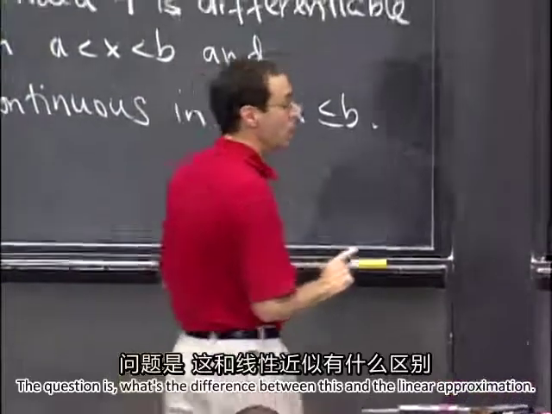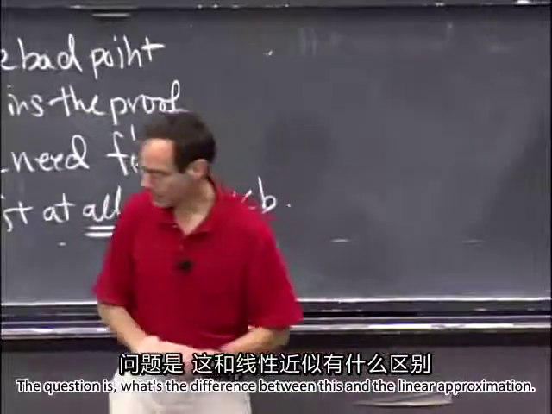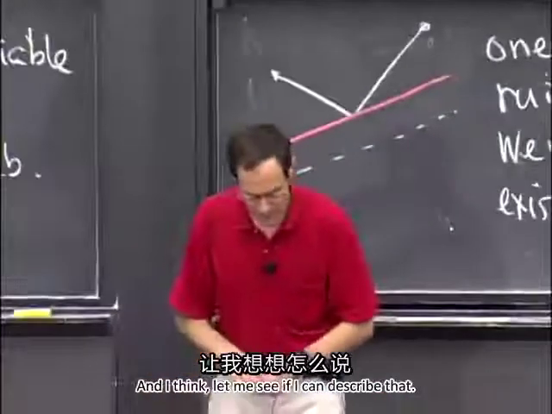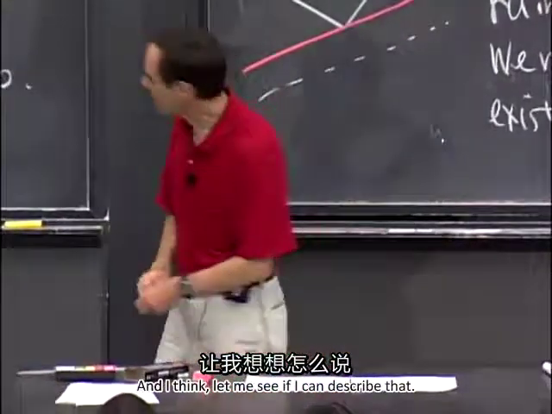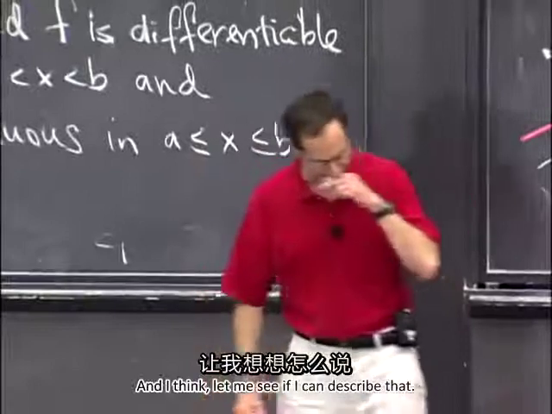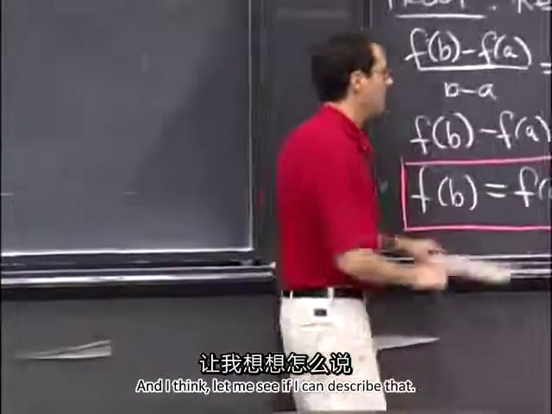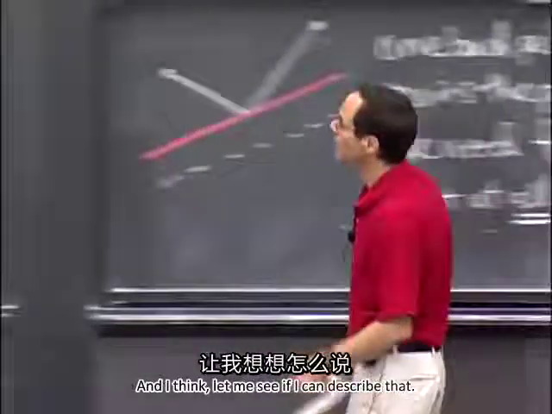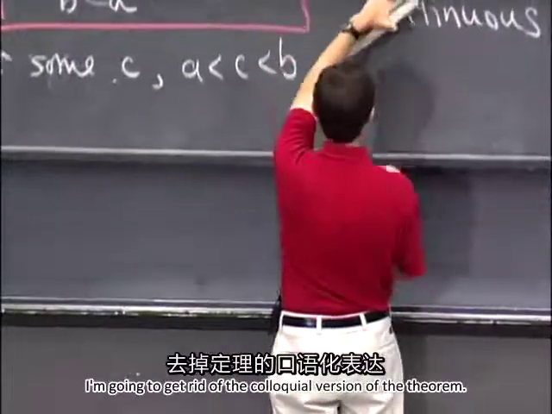The question is, what's the difference between this and the linear approximation? And I think, let me see if I can describe that. I'll leave the theorem on the board. I'm going to get rid of the colloquial version of the theorem.